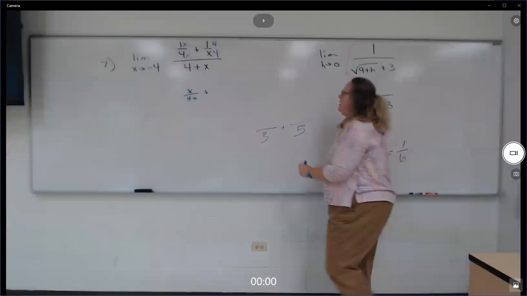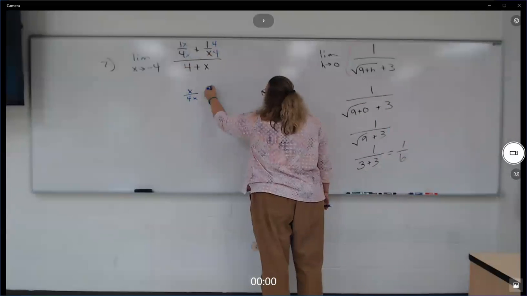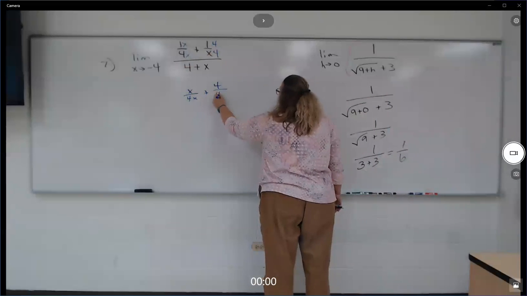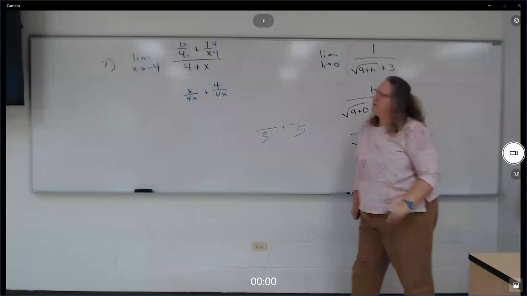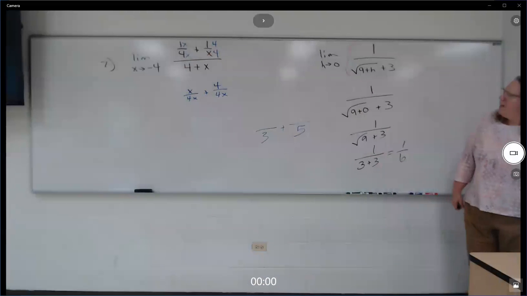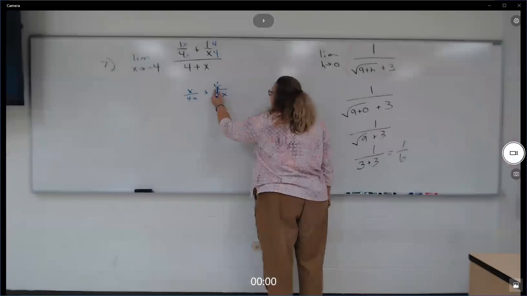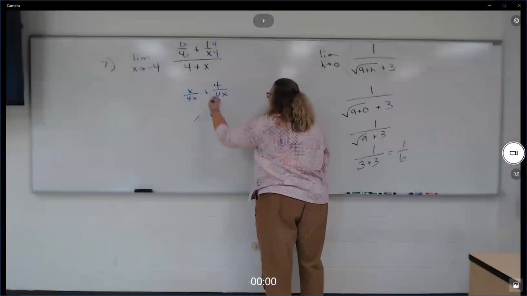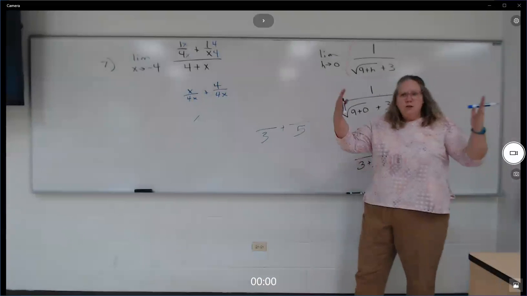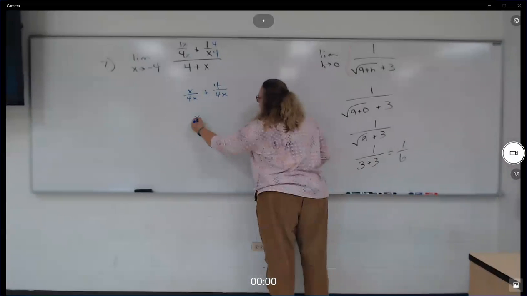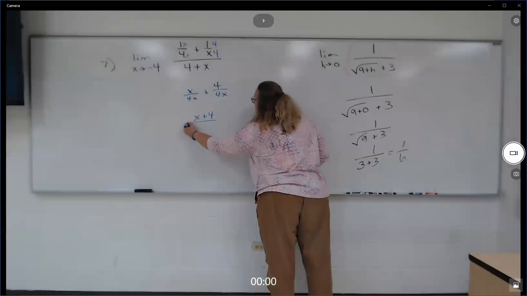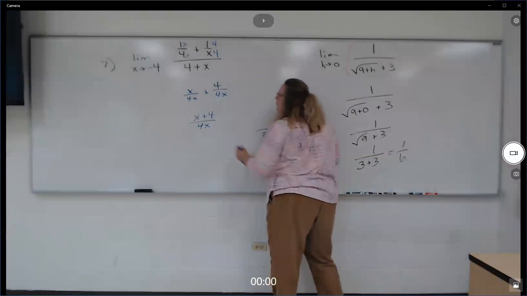Okay, that's better. So now it's 4 over 4. And then if the denominators are the same, we can now add the numerator. I'm going to do x plus 4, and then the nice thing is I only have to write the 4x once.